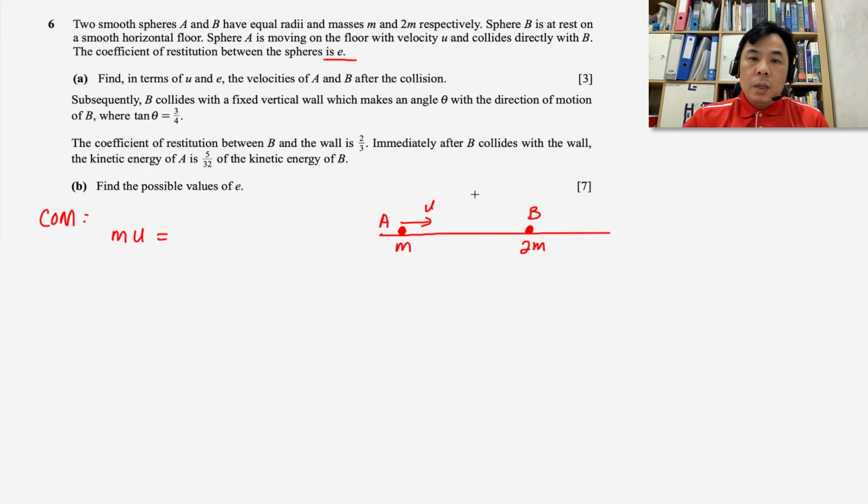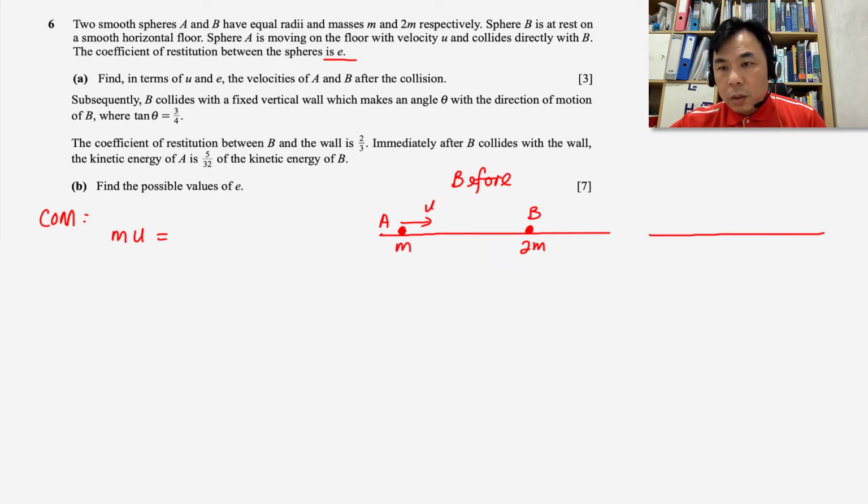I might want to label this as before, and then after, which I'm going to put down here, as it's easier to see. After the collision, logically speaking, most probably A will still proceed in the same direction, but with a different speed.